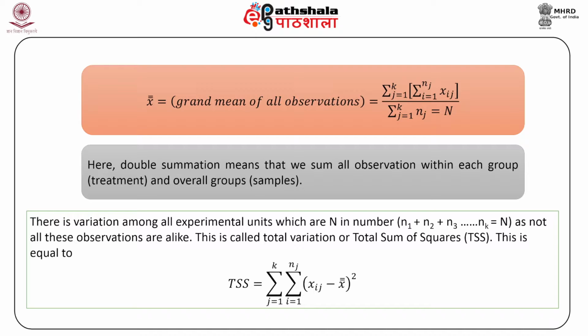There is variation among all experimental units, which are N in number, n1 plus n2 plus n3 and so on up to nk equal to N, as not all these observations are alike.